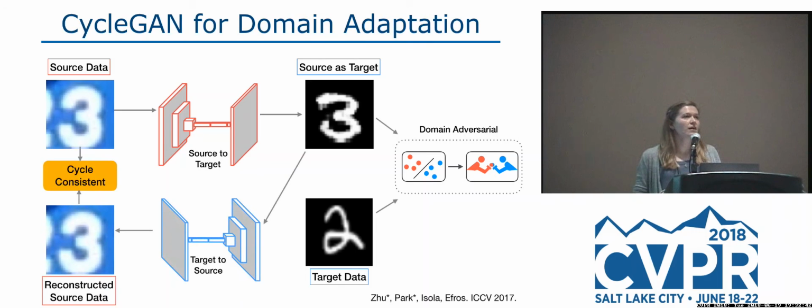You've seen talks about other ways to improve upon this and prevent some sorts of mode collapse, as well as retain low-level structural consistency by things like cycle constraints. And in this case, you're going to take the first stylized image and then map it back to the source domain and make sure that it is a good reconstruction of the original image. But even with both of those criteria, stylization and a reconstruction objective, you can still run into peculiar results.